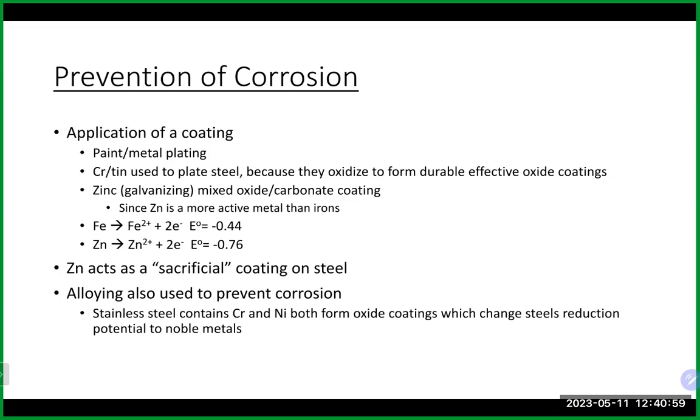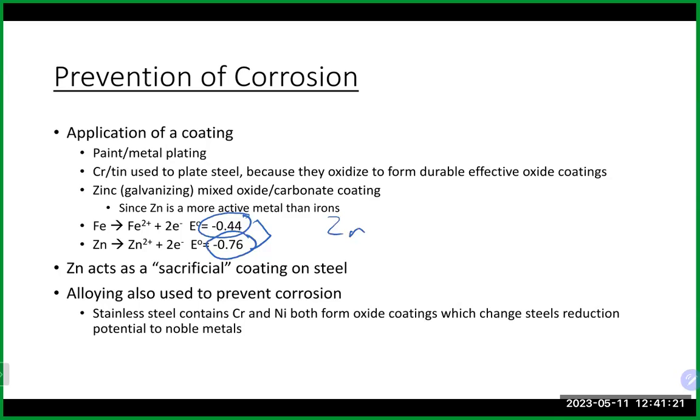You could also do some type of plating. Again, sometimes they will form a nice protective layer. For example, zinc galvanizing. Zinc is actually a more active metal than iron. So when we look at zinc and iron, it is actually the iron that is more positive than the zinc.